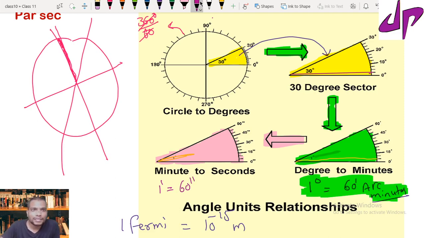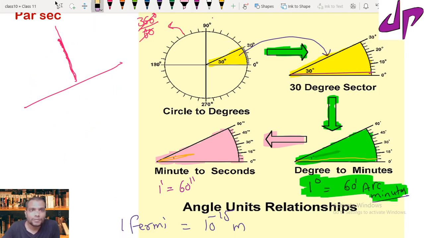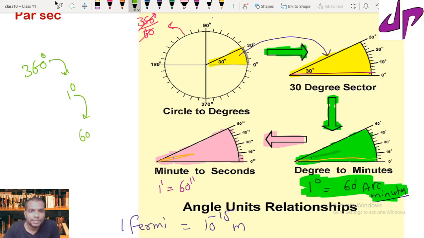So finally I can say how we divided. We divided first 360 degrees to 1 degree, and 1 degree divided into 60 minutes, and 1 minute divided into 60 seconds.